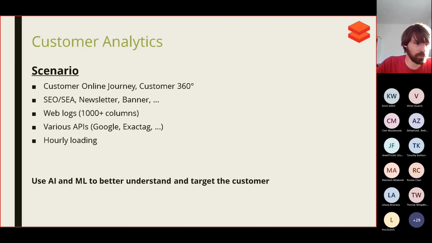So just to give you a little example, that customer has a web shop, it obviously has a web page, it has a newsletter system, it has some advertising banners on other websites, and Google Analytics for some website tracking, etc. And they basically created a unique token for each customer based on its email address actually.